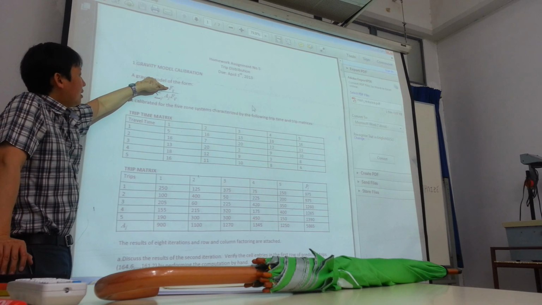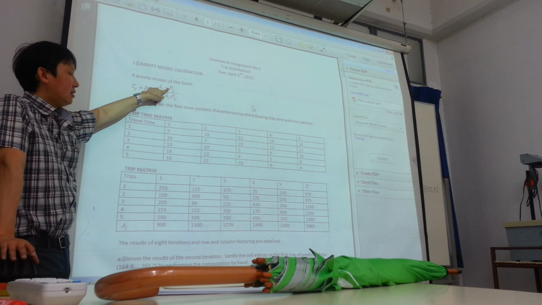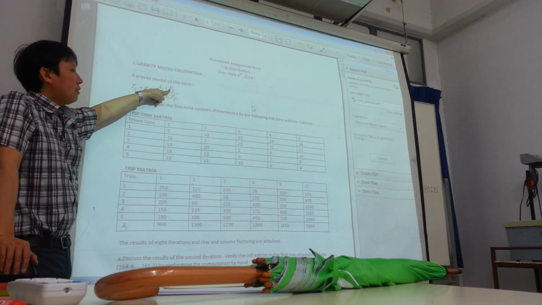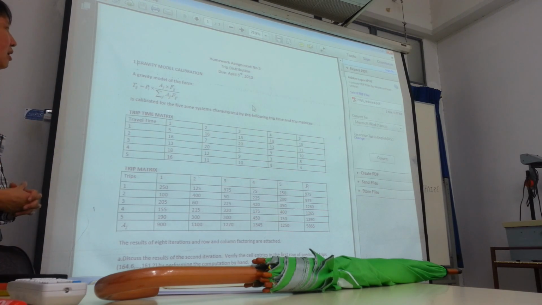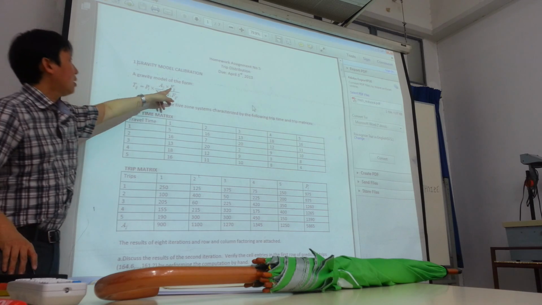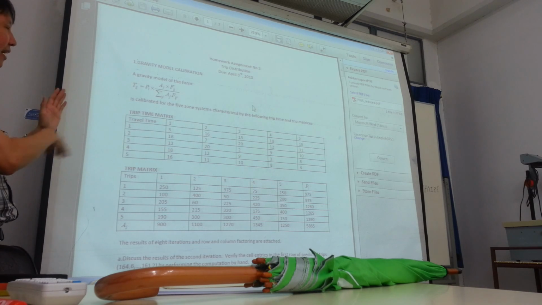In this assignment, we look at a non-parametric friction factor function. That means this friction factor cannot be expressed in a closed form formula. We don't have an equation for this. What we have to develop is a step function.